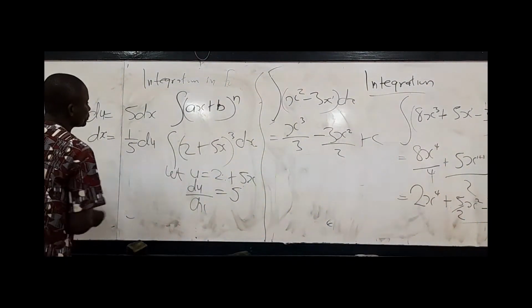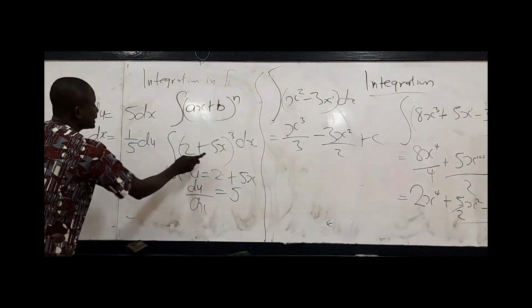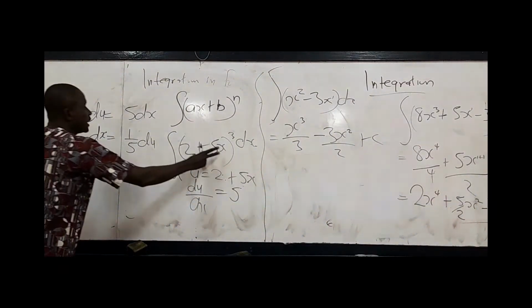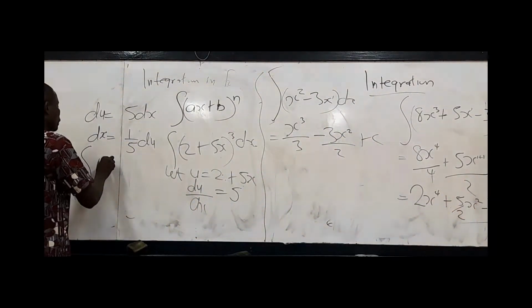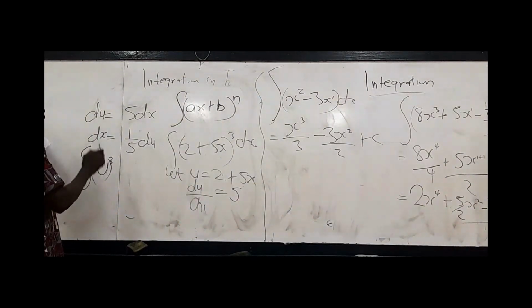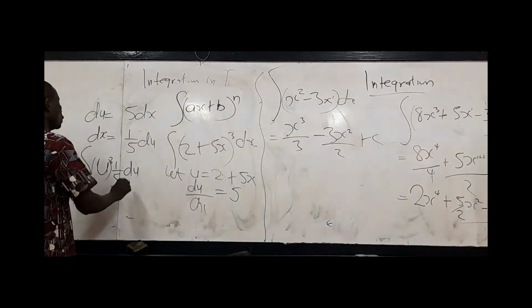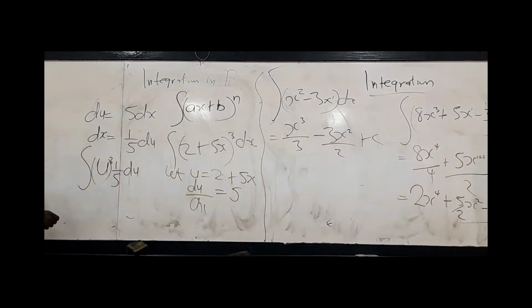So I'm going to put this in place of dx in the original expression. Remember that here is u, so here is u to the power 3. Then the dx we have got is 1 over 5 du. So the 1 over 5 will come out and becomes 1 over 5 integral u to the power 3 du.